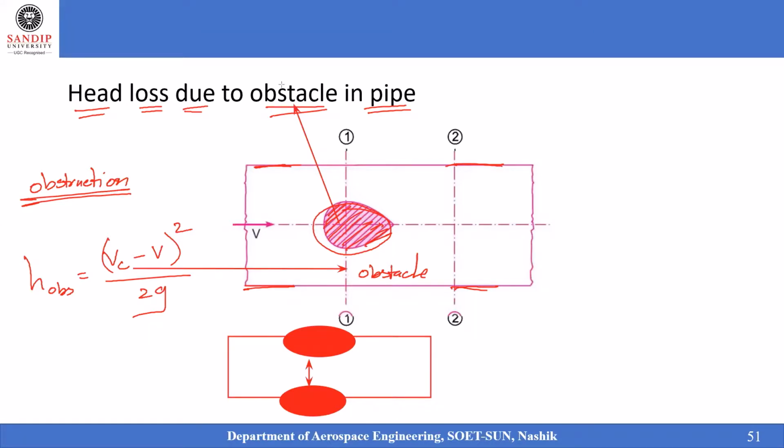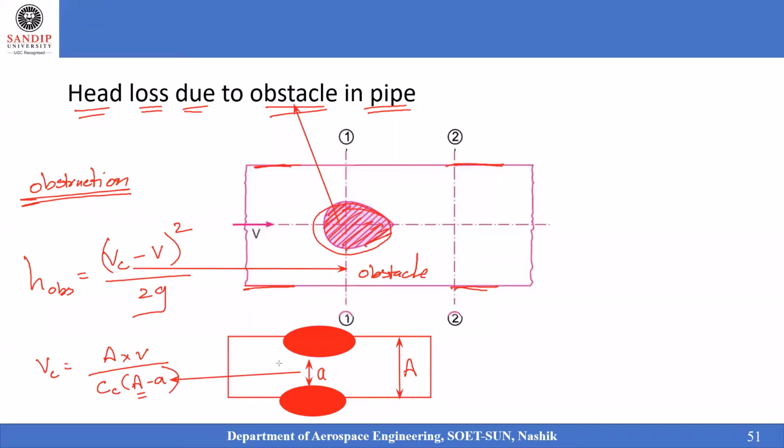But what exactly is this Vc? It is the velocity at the contraction point, equal to area into velocity divided by Cc, the coefficient of contraction, into (capital A minus small a), where capital A represents the original area of the pipe, and small a represents where exactly the obstacle is available.